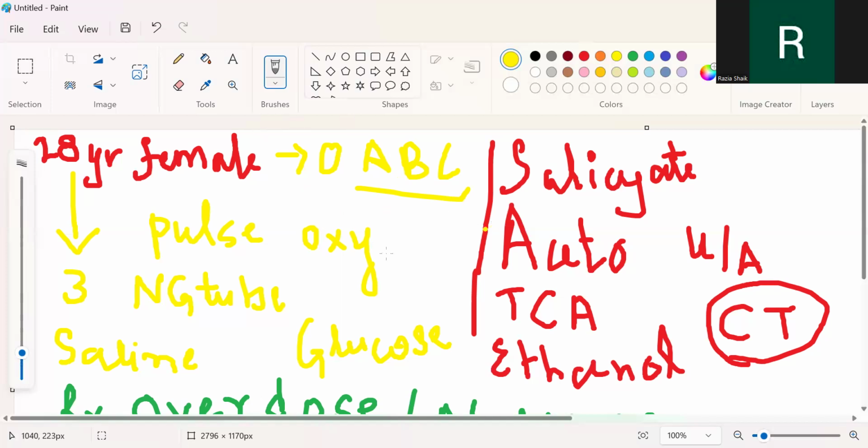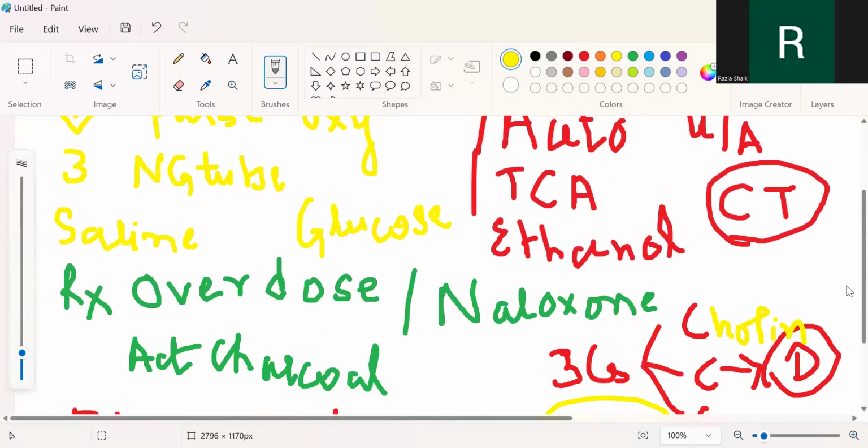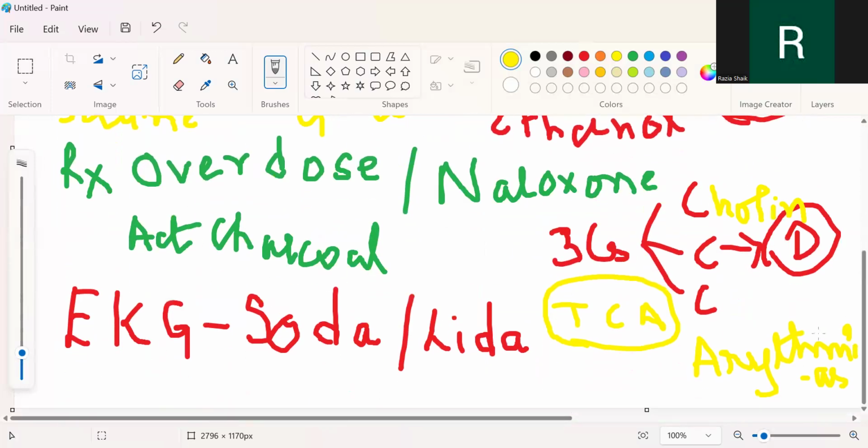Okay, so this is a really great case, and it's something to remember as soon as you see the patient. You can also look out for pupillary dilation or other signs.